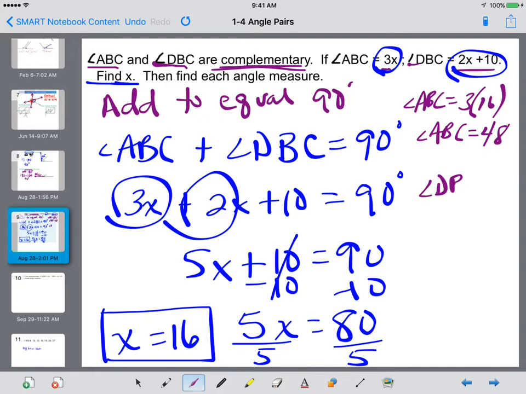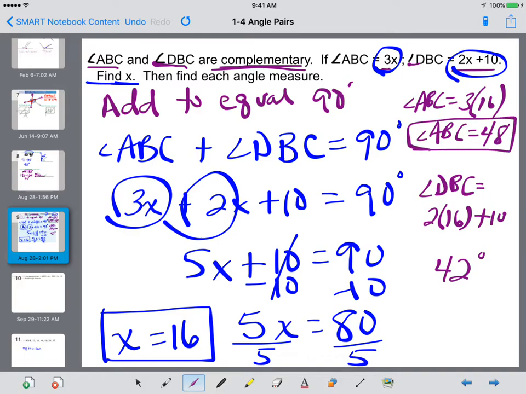Angle DBC would be 2 times 16 plus 10, which would be 42 degrees. Angle ABC is 48, DBC is 42 degrees. If we combine them, we get 90.